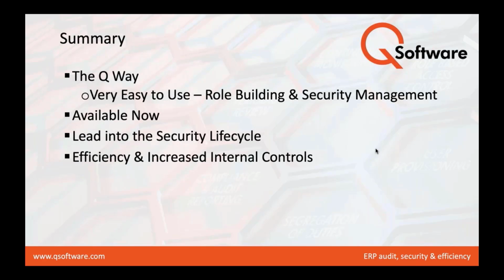Very, very simple, no staging tables, etc. But what Trace has also shown you is a very easy way and a much better way of managing security in that 950. These tools are on general release and available now, and you can then go in and lead into the rest of what we call the security lifecycle, i.e. segregation of duties and other internal controls. It's all about saving you time and saving you money, but the other side of the coin is to implement greater controls, i.e. stopping fraud, making sure your security is tight and manageable going forward.